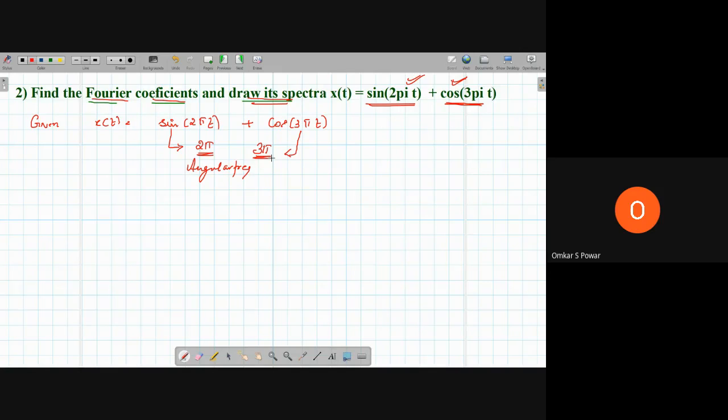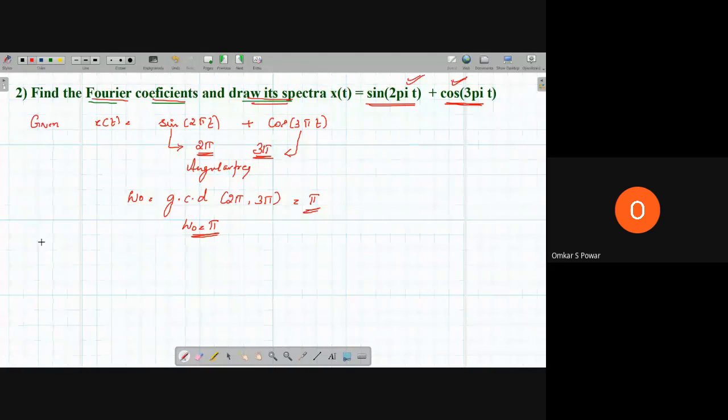In order to get the angular frequency omega naught, you should take the GCD of these two. So omega naught is equal to GCD of 2 pi comma 3 pi, which is equal to pi. So your greatest common divisor is nothing but your angular frequency, which is equal to pi. This you have to remember. Then the other things remain the same.